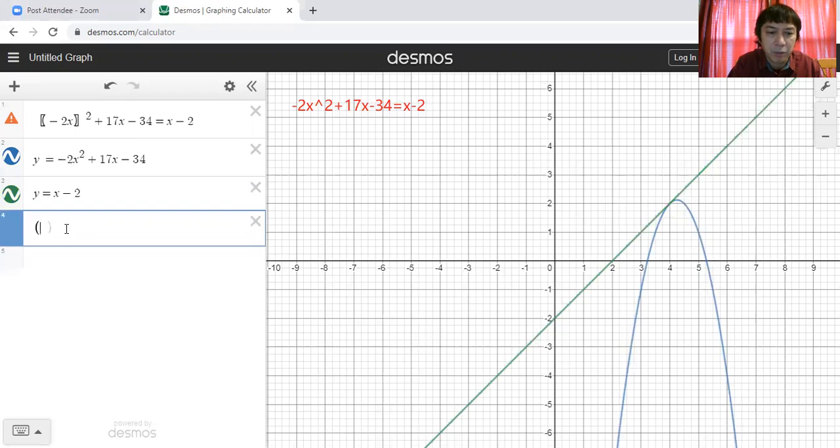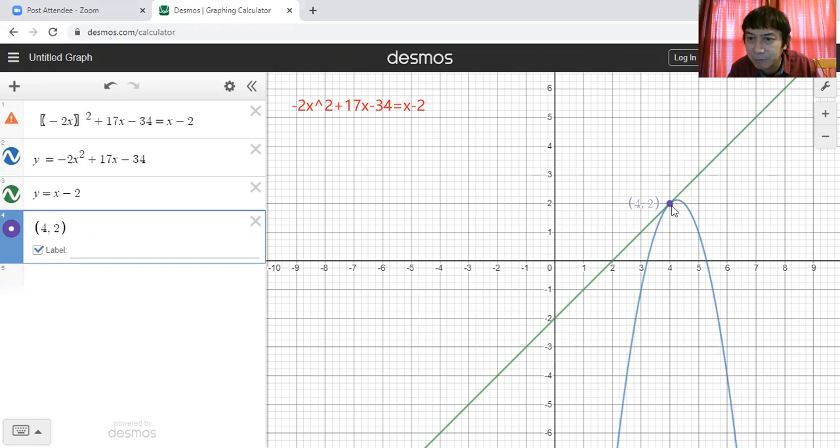So we can paste the point there, 4, 2, with a label, okay, there. It's 4, 2. So our answer is +4, okay? And we can write the answer here. X is equal to +4. And this is the answer, okay? That's our answer, x equals 4.